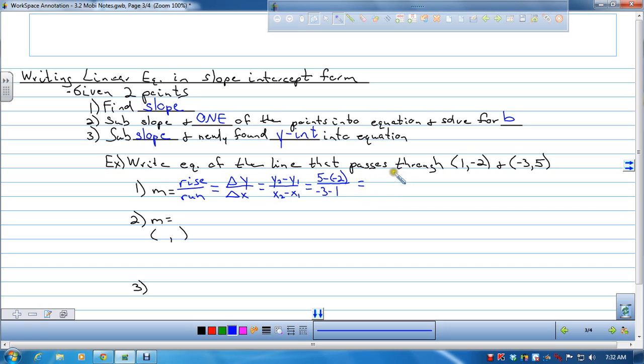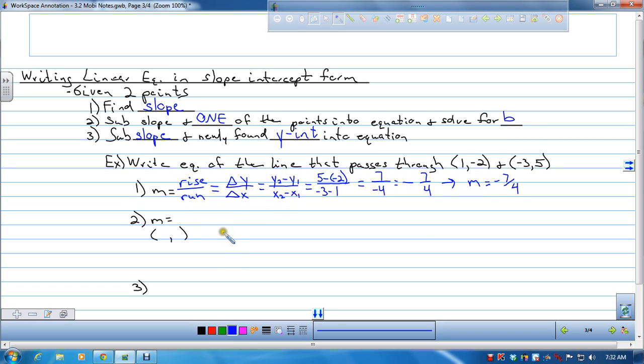Well, that gives me a +7 over a -4, which you can leave like that, or you can put the -7 over 4. You can put the negative out front. So that tells me that my slope equals -7/4.